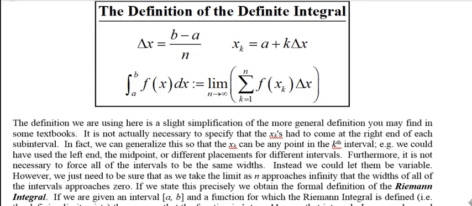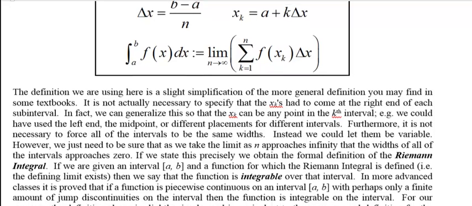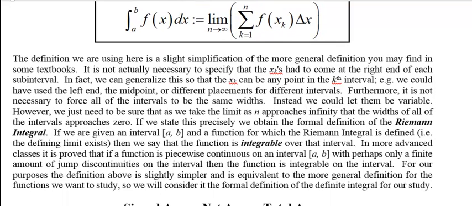If we state that precisely, that would be the formal definition of the Riemann integral, the more general formal definition. With that definition, we would say that if we have a closed interval from a to b, and a function for which the Riemann integral is defined, that is, that defining limit exists, then we say that function is integrable over that interval.